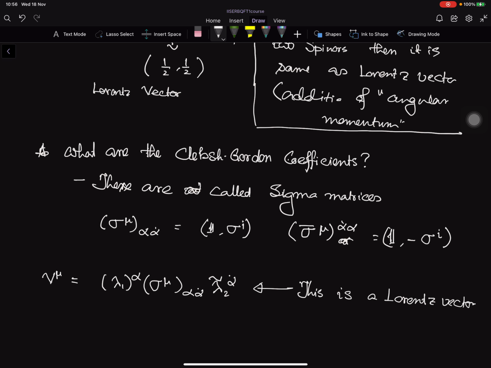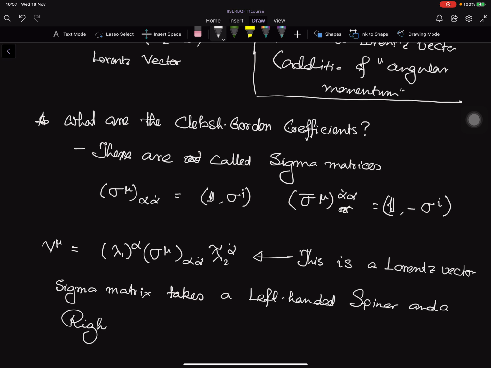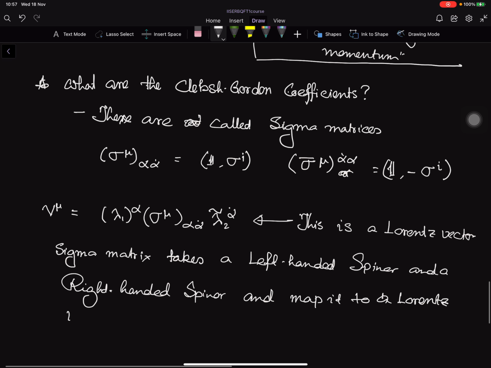Okay, so you can see that this takes a left-handed spinor and a right-handed spinor, and maps it to a Lorentz vector using the sigma matrix.